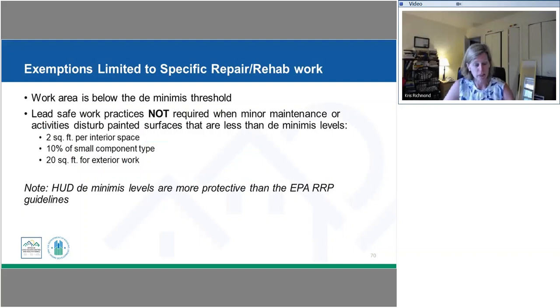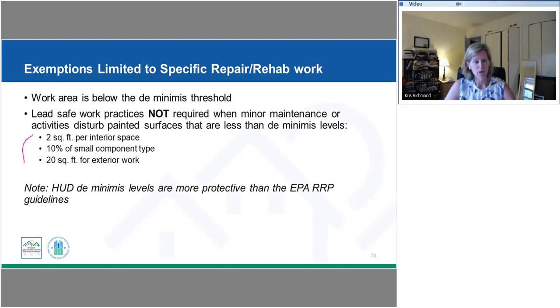per interior space, less than 10% of a small component type, and people always ask, what's a small component type? That might be a windowsill or a chair rail or a baseboard. So if it's less than 10% of a small component type, it could be exempt, or less than 20 square feet for exterior work. These are HUD's de minimis levels.